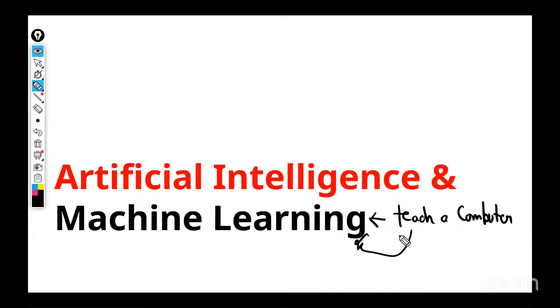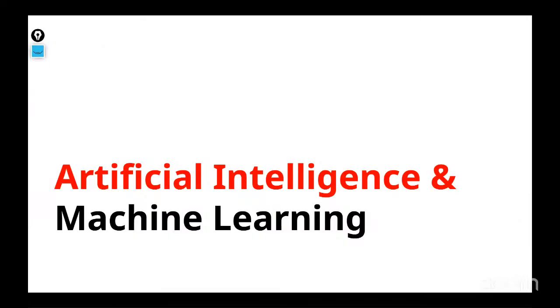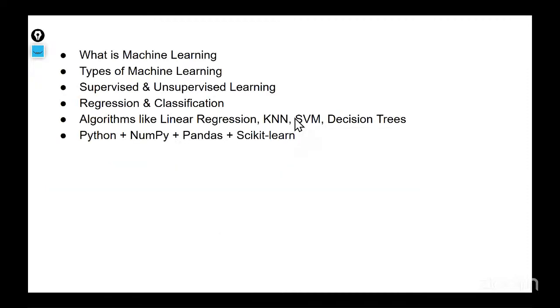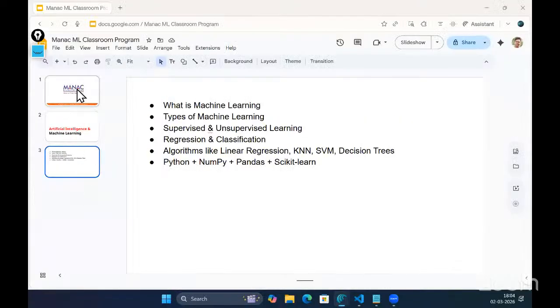After this, we have different ways of teaching a computer. I think since you have already learned about AIML, you already have a little knowledge. Next we'll learn why there is machine learning, or how machine learning actually learns.